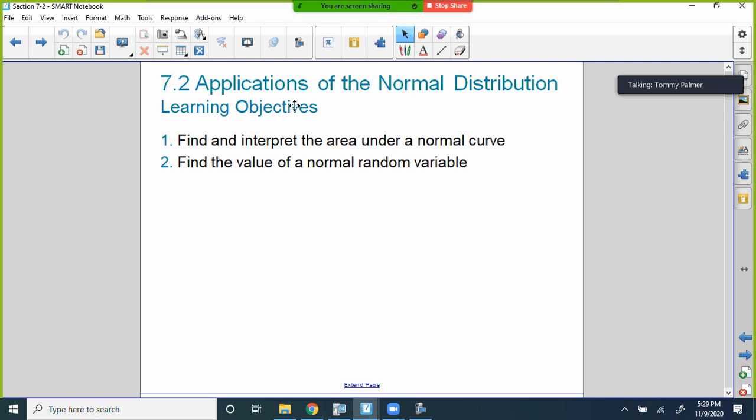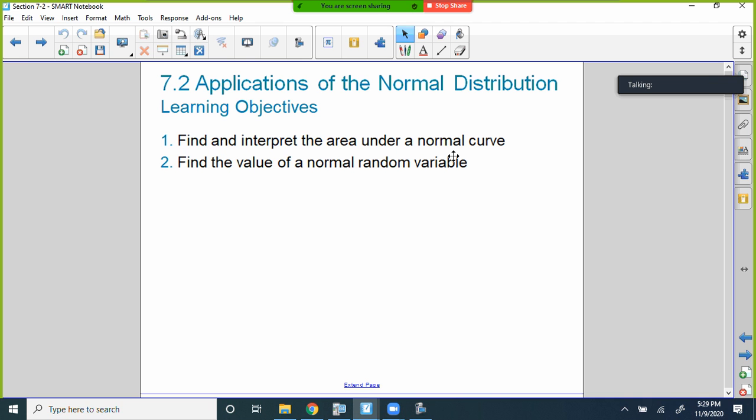7.2, applications of the normal distribution, right? So we find and interpret the area under a normal curve. They're going to give us a z-score, because if it doesn't land on a particular standard deviation, then we can calculate what that z-score should be.